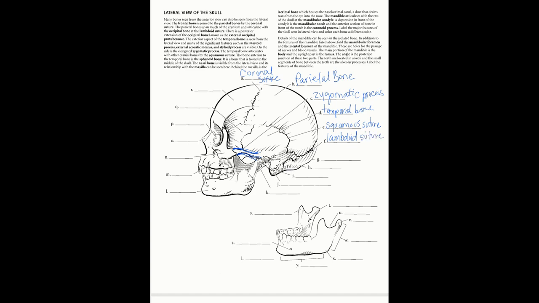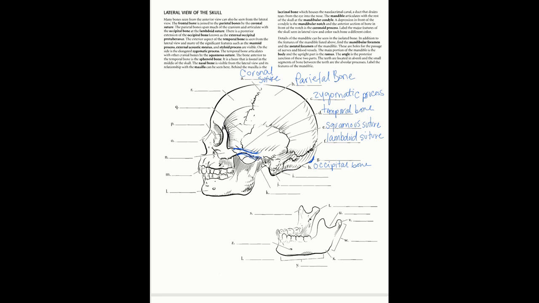And that being said, I'm going to jump ahead real quick. H is what's pointing to our occipital bone. Okay, so that occipital bone is protecting the occipital lobe, and it is connected to our parietals through the lambdoid suture.